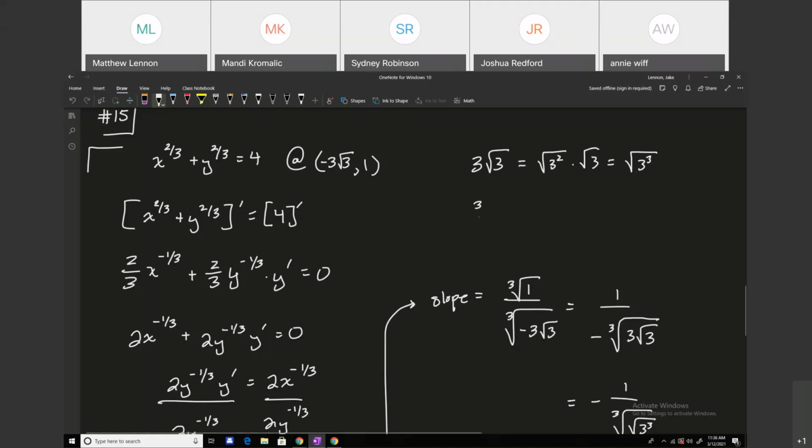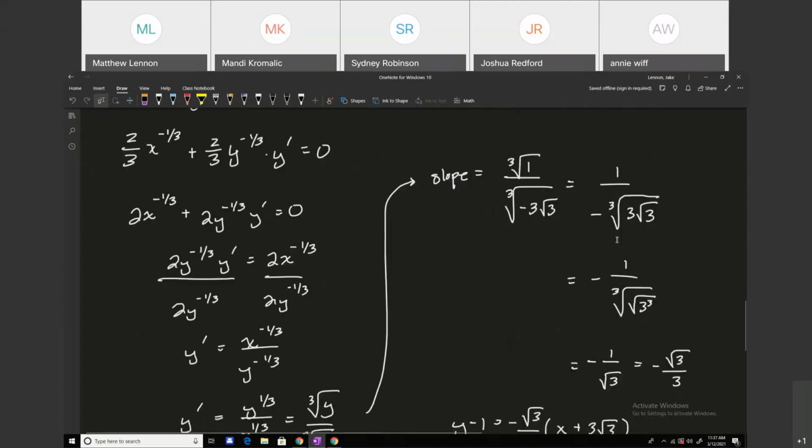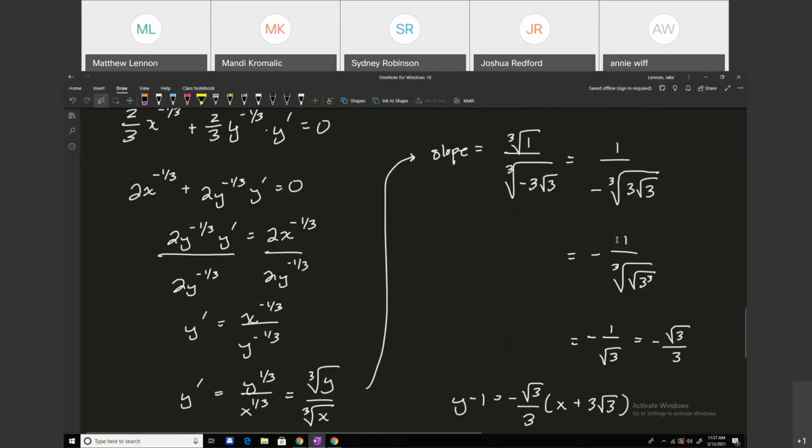So the cube root of the square root of 3 cubed is the same thing as the square root of the cube root of 3 to the third, which should be the square root of 3. And you can always pull the negative out in front of a cube root. So that looks correct to me.